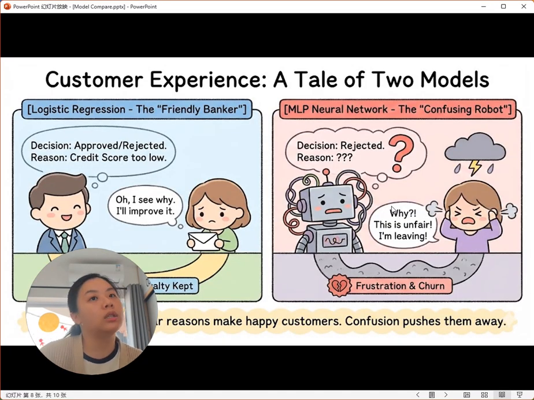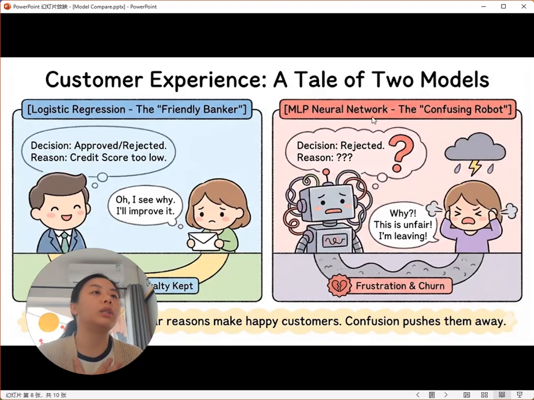And the last is our customer experience, which is also important, I believe. In logistic regression, our manager can easily explain to our customer why he or she is being rejected, and the customers will think we are very friendly, and think the result is reasonable.